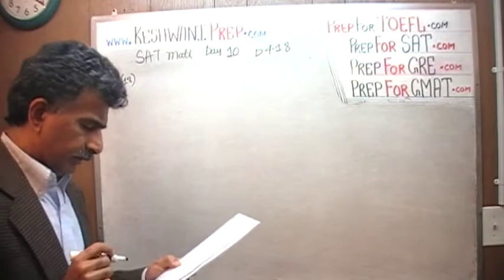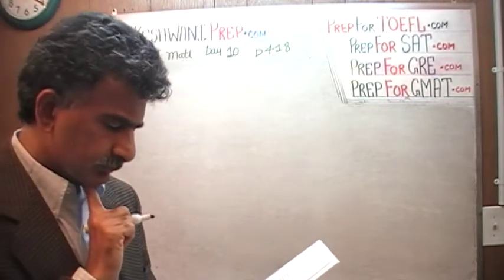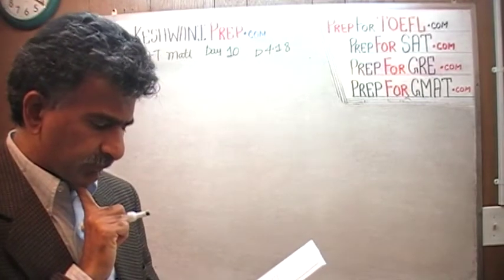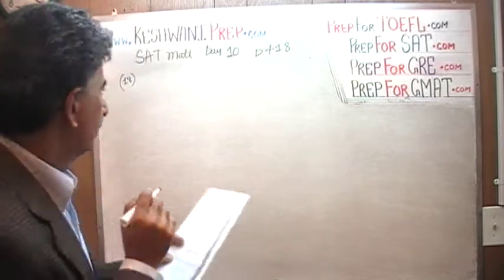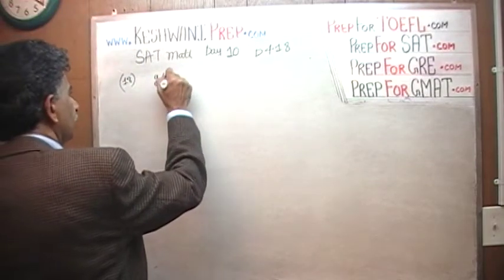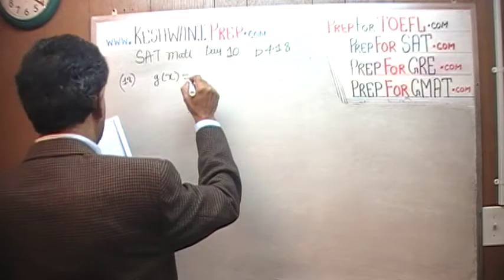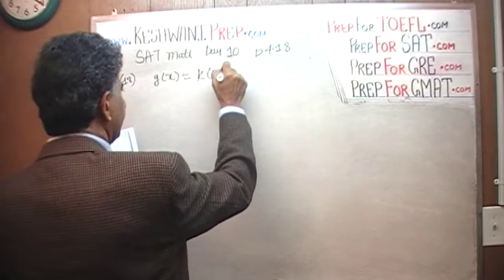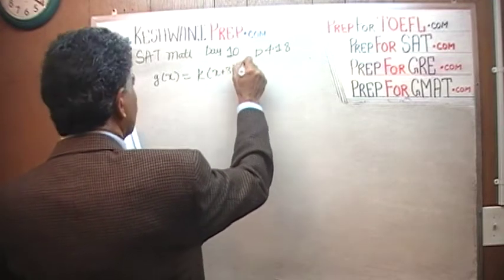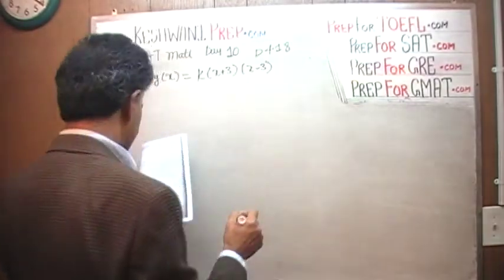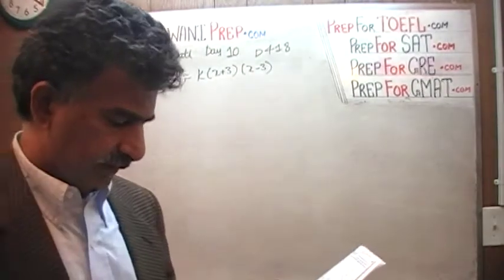It says the graph above shows the function g, where g of x, we are told, is k times x plus 3 times x minus 3, for some constant k.